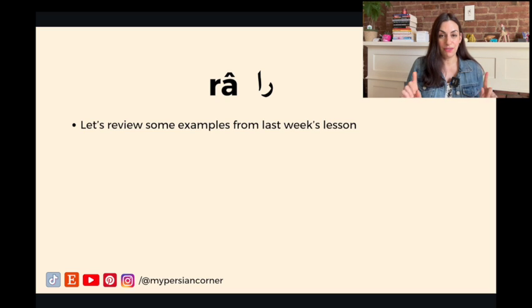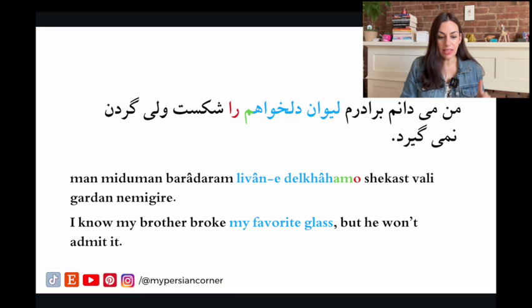So now let's look at a few of the examples that we had in last week's lesson when we talked about idioms related to parts of the body, because there were a few examples that had ra. I won't talk about all of them, but just to bring a few of them to your attention here. This is one of the examples that we had. من میدونم برادرم لیوان دلخواهم و شکست ولی گردن نمیگیره. So here we have لیوان دلخواهم.